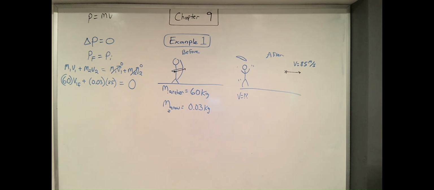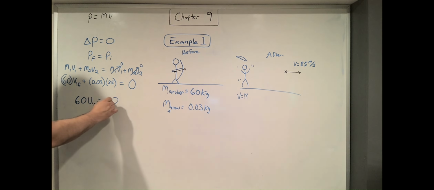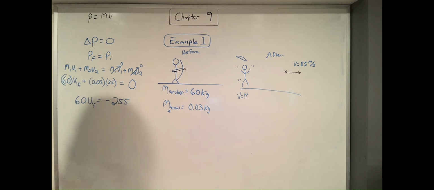All right, so now we got a little bit of math to play with. First off, we'll get this 85 multiplied by 0.03. And we'll move it to the other side. So I'm going to subtract this quantity over to the other side. So we'll have 60 V1 final is equal to negative 2.55. And then I'll divide by 60 on both sides. That'll get rid of the 60.